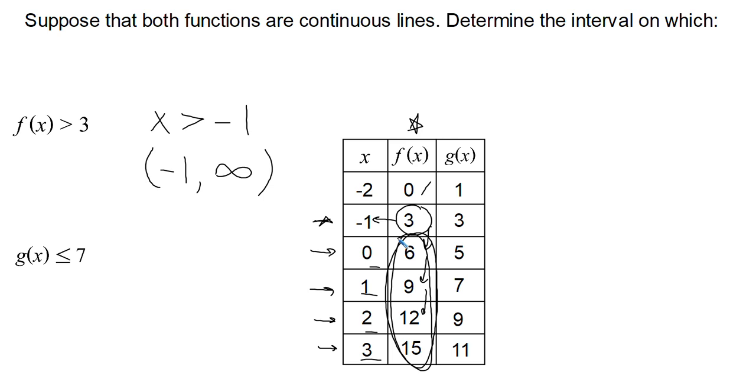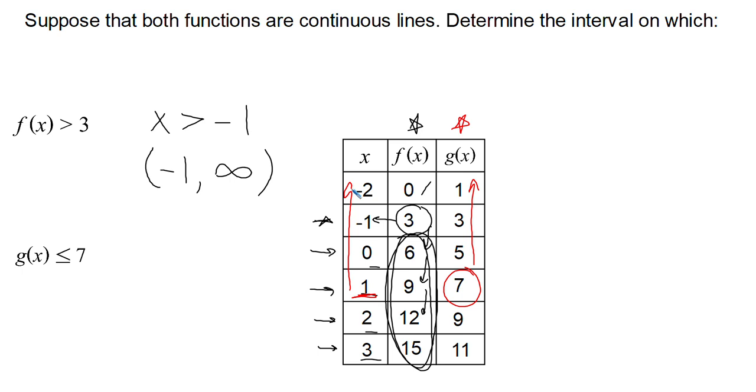So we'll do a similar thing for g of x less than or equal to 7. We'll find where g of x equals 7 in that column. That'd be at x equals 1. And then we want numbers that are less than or equal to 7. So that's these numbers. The numbers that are less than 1 give us g of x values less than 7.